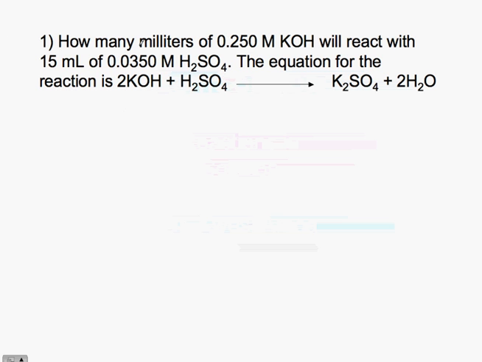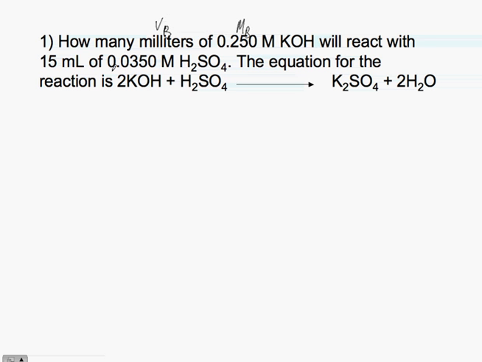So how many milliliters of 0.25 molar KOH? This VB would be my first volume that I'm looking for, and this volume is associated with this base. So this is the volume of my base, and this molarity is the molarity of my base.